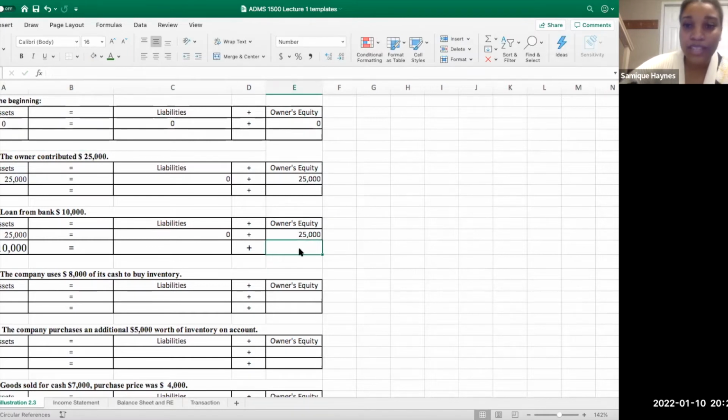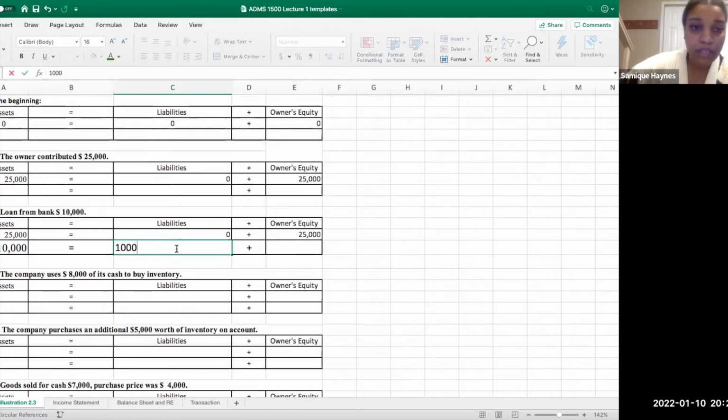Is it owner's equity that goes up, or is it liabilities? The bank loan, is that owner's equity or liabilities? Liabilities. Okay, so finally, we have an amount.